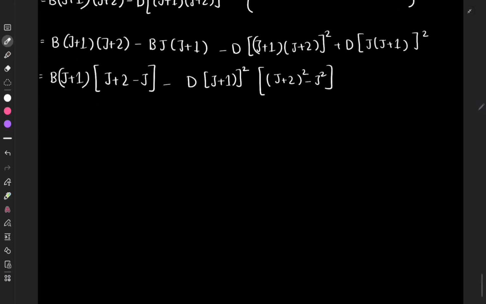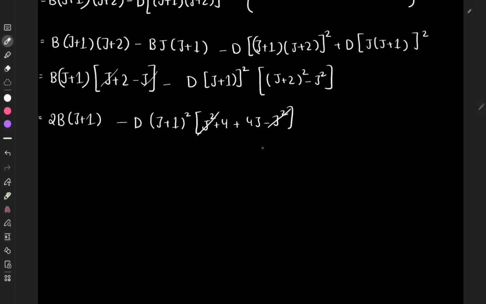Over here j gets cancelled, so you will get 2B j plus 1, and over here D j plus 1 the whole square. If you open this bracket, you will get j square plus 4 plus 4j minus j square. So this is cancelled, you will get 4 common j plus 1. So 2B j plus 1 minus D j plus 1 the whole square, 4 common j plus 1.